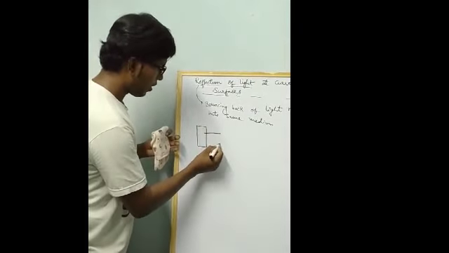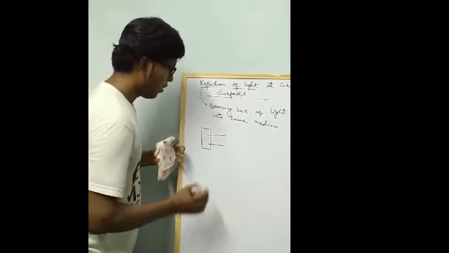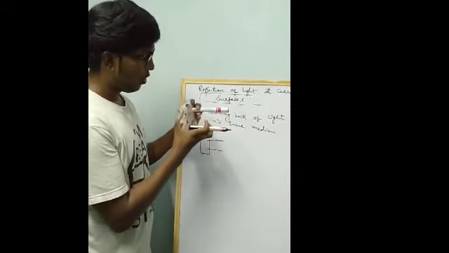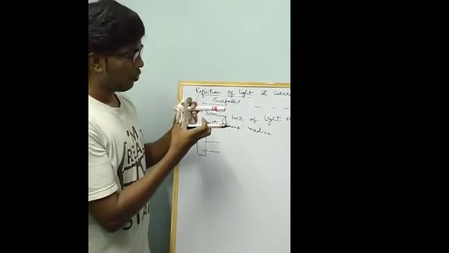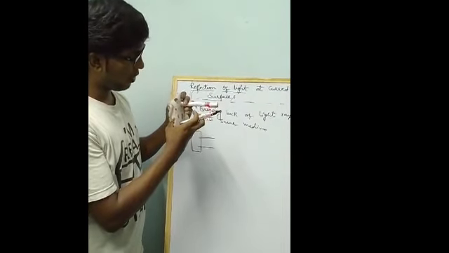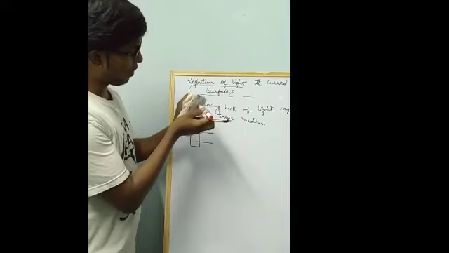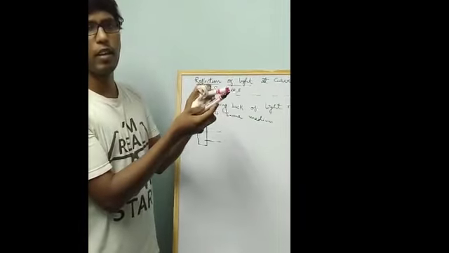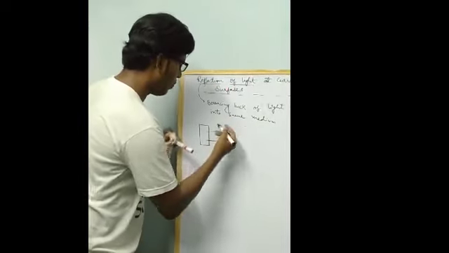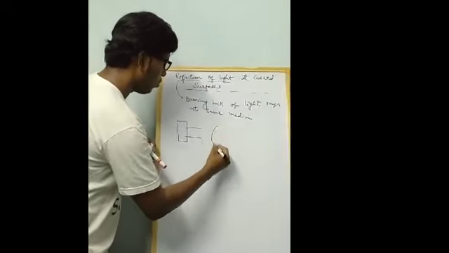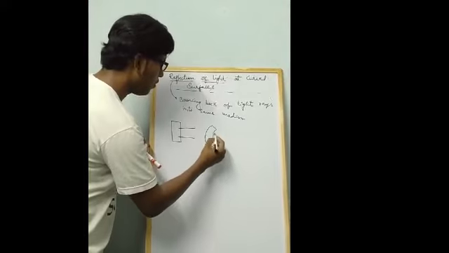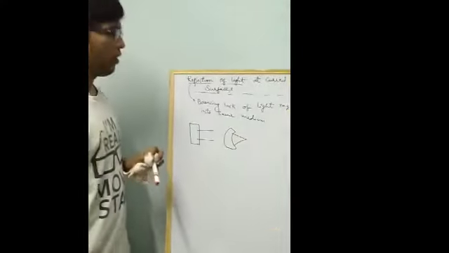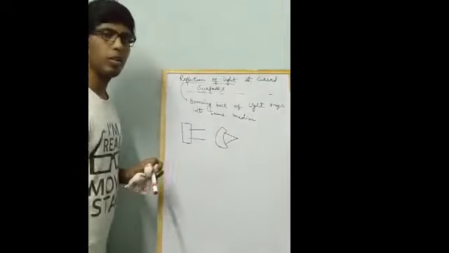If I take one more pen, assume that these are the two pens which I placed perpendicularly to the cloth. When I bend the cloth, you observe that both the pens will come close to each other and meet at a common point.